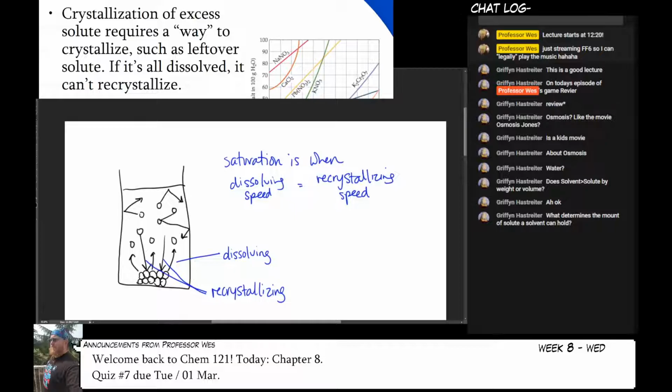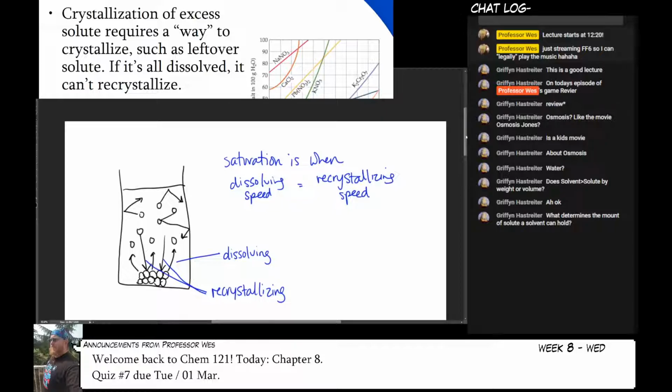Early on, stuff dissolves really quickly, and it doesn't recrystallize fast at all because there's nothing in the liquid phase to recrystallize, right? It's all in the solid phase. But then, slowly over time, the amount of recrystallizing that is occurring matches that of the dissolving speed. And when those two are equal, you've reached saturation. You can't dissolve anymore because it's just recrystallizing as fast as you're dissolving it.